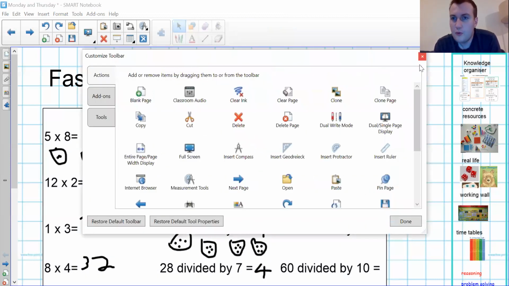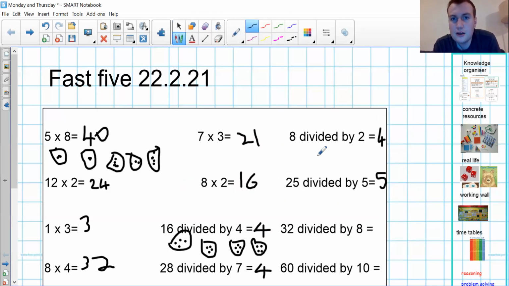I don't know what's gone wrong with my computer here. Let's try that again. There it is. So well done if, again, you put 4, and then 60 divided by 10 is 6. Something a bit different. 4, 5, and 6 were all our answers there. Hopefully some different questions tomorrow.